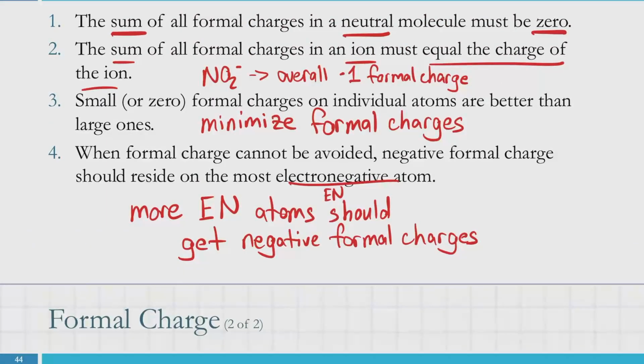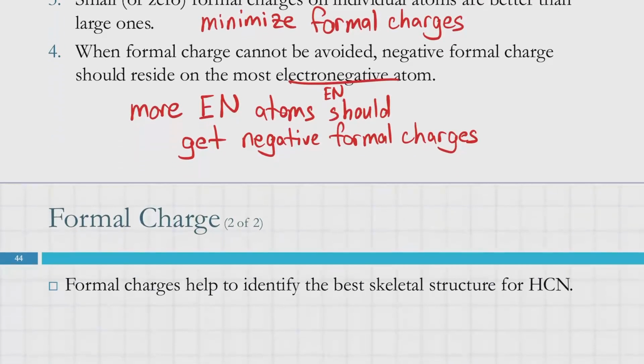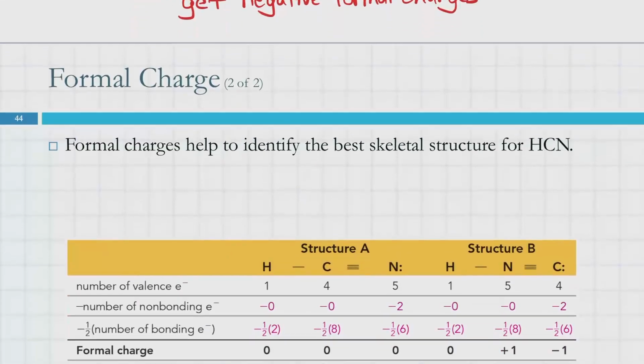All right, we can use formal charges to discriminate between 2 or more equally good Lewis structures, things that we would otherwise not be able to know what's the best configuration, what's the best orientation, like for HCN.